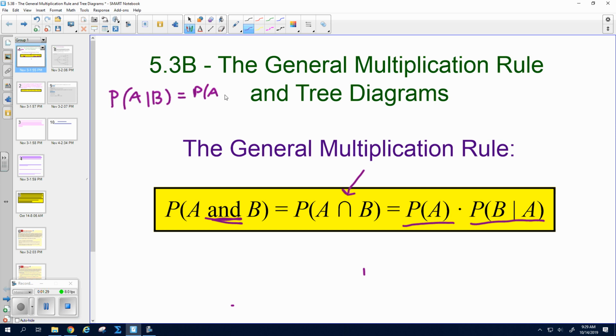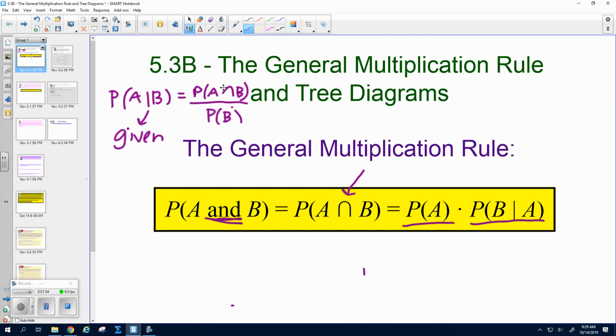Anybody remember the conditional formula? There we go. Probability of A and B divided by what? Always the second thing, okay? That's what we learned Friday. That's the given statement. Probability of A given B is equal to the probability of A and B divided by the probability of B. We did all of these when it was both, okay?